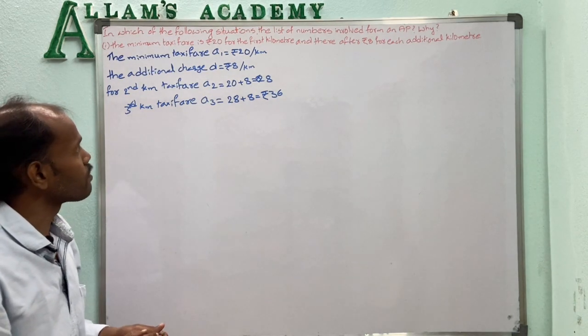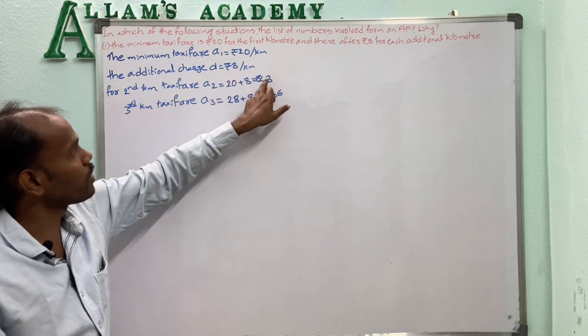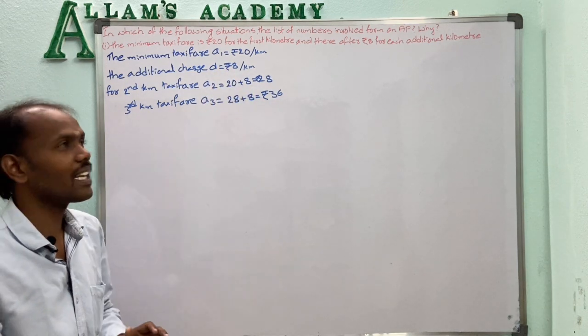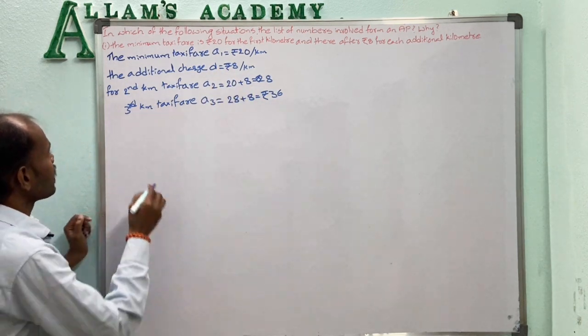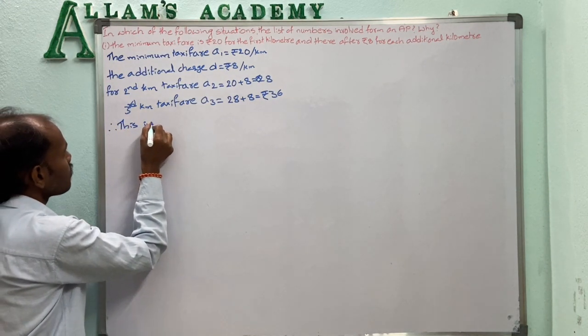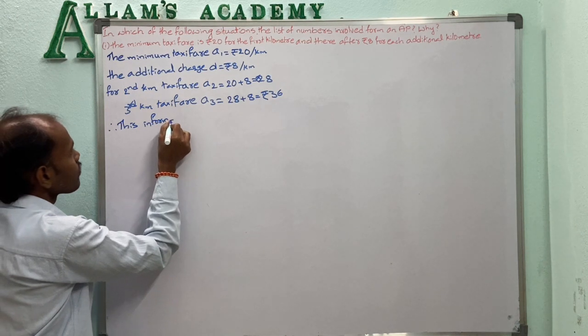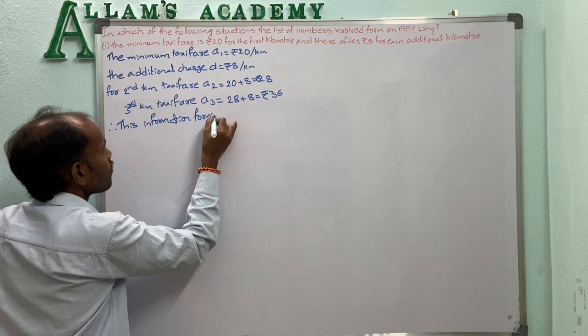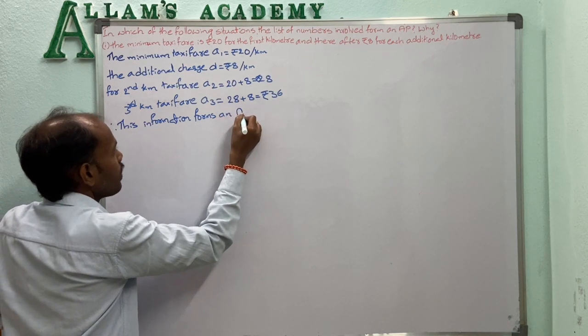Now if we observe the numbers 20 rupees, 28, 36, here the common difference D is there. For that reason this information forms an arithmetic progression.